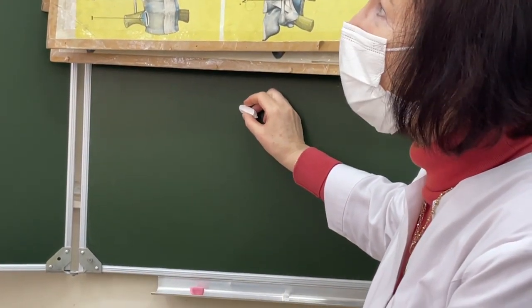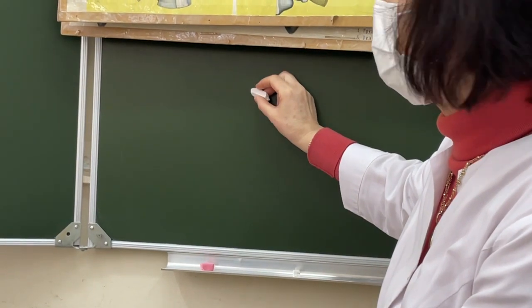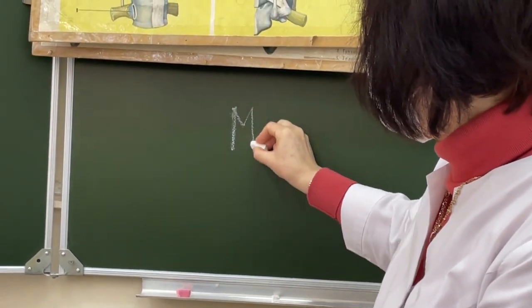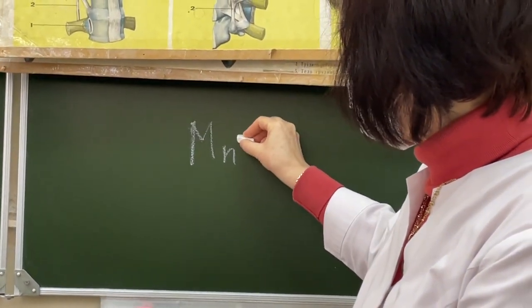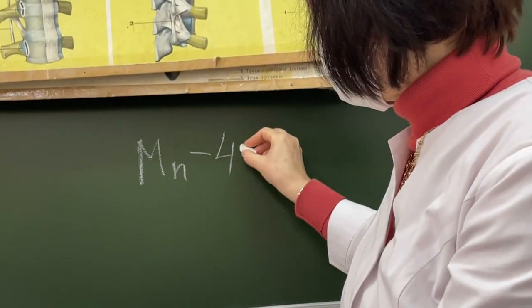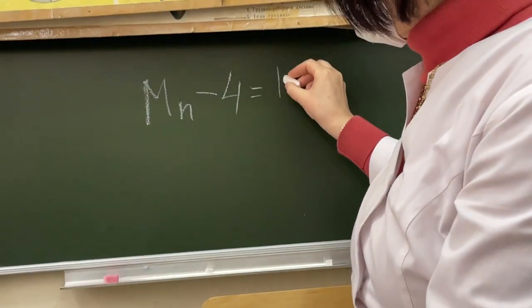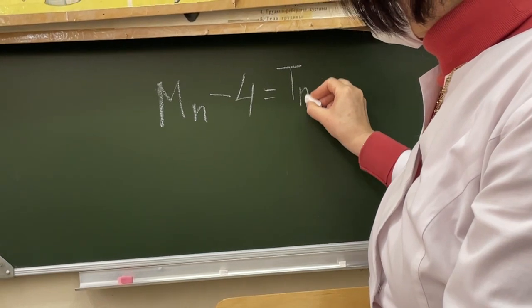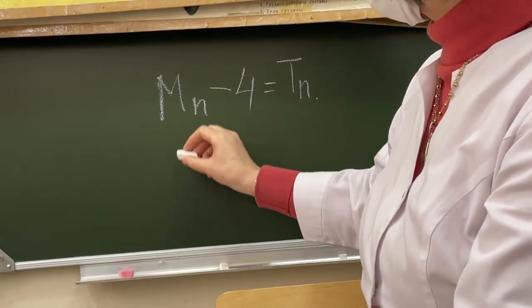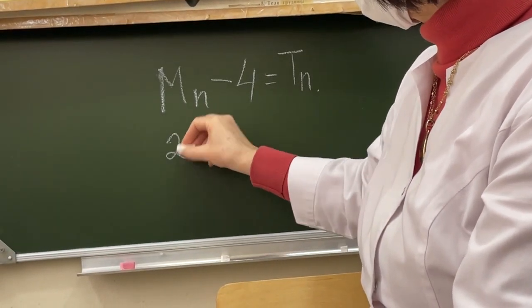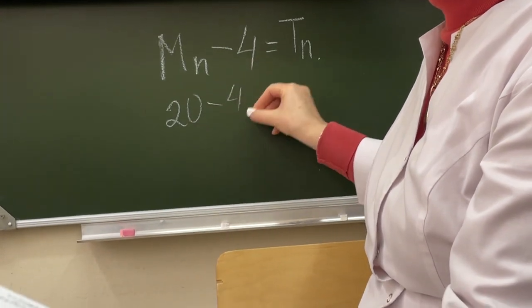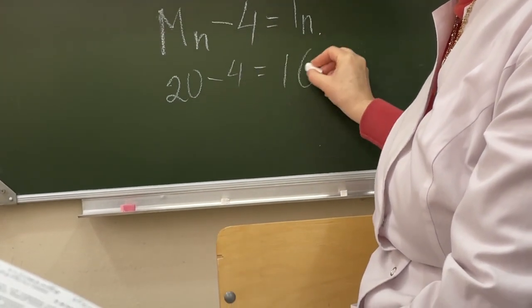So this formula means the number of months minus 4, and then we have the number of teeth. So for example, we have 20 months, minus 4. So how many teeth should we have? 16.